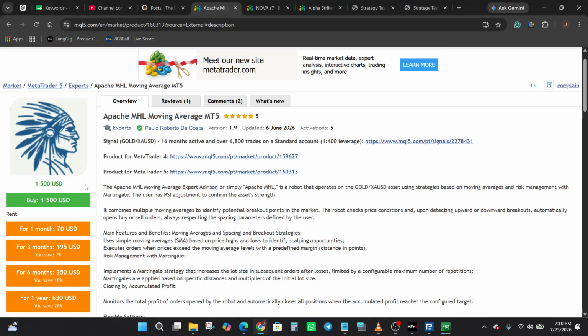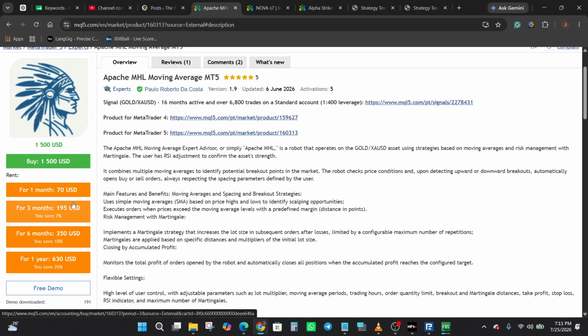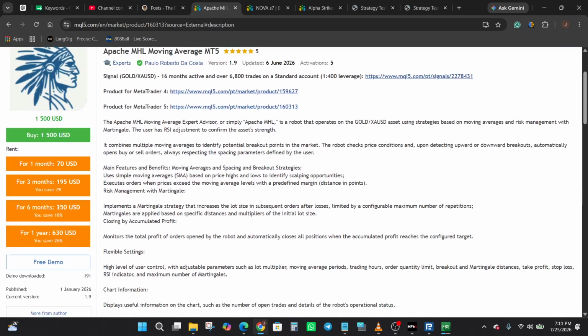The pricing sits at $1,500 to buy, or you can rent it monthly for $70 with longer rental terms offering bigger discounts, up to 26% off for a full year. According to the description, Apache MHL operates on gold using moving average based strategies combined with Martingale risk management, with an RSI filter used to help confirm the strength of a move.